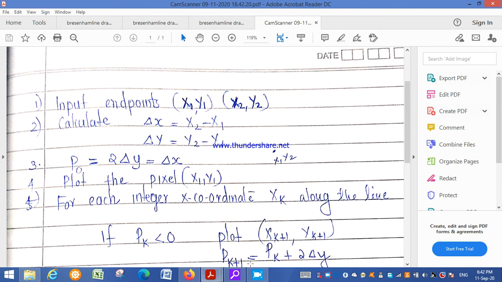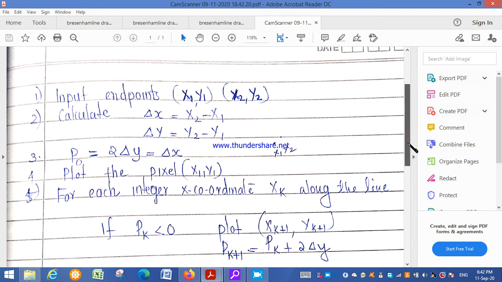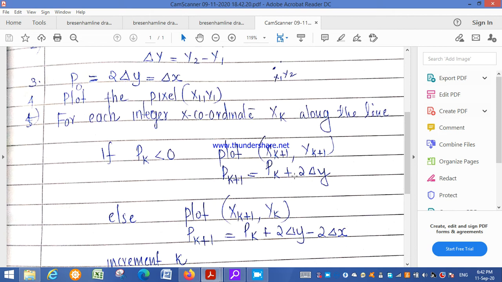Okay, for the next location, we again calculate the decision parameter pk plus 1 based on the previous value of pk. If pk is less than 0, the decision parameter of the next pixel point is pk plus 1 equals pk plus 2 delta y. If the pk value you calculated is greater than 0, we calculate the decision parameter using the equation pk plus 1 equals pk plus 2 delta y minus 2 delta x, and this process is repeated until you reach x2, y2.